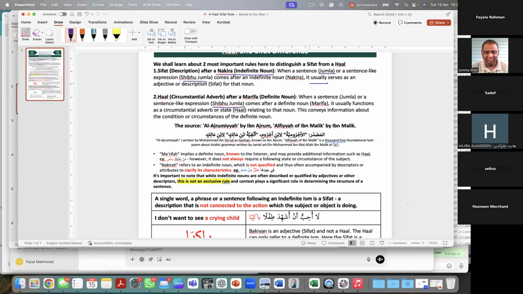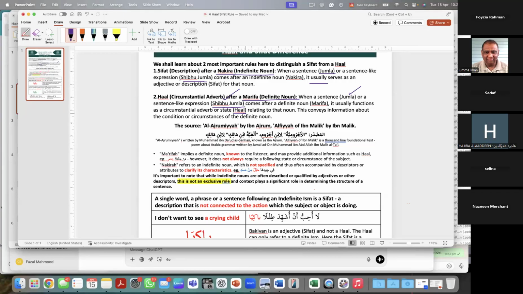We'll see example. Similarly, just opposite, if you find a marifa noun, and after that you found a shibu jumla or jumla, that will be considered as hal. So can we quickly repeat that? Nakira ism, after that you found a jumla or shibu jumla, that is sifat.